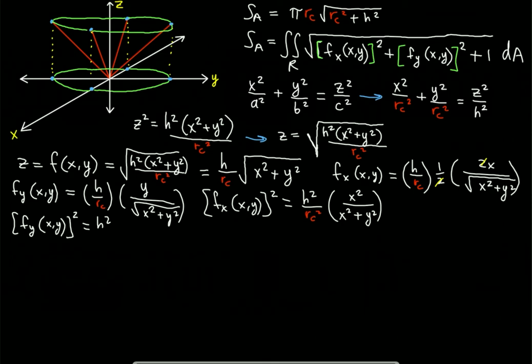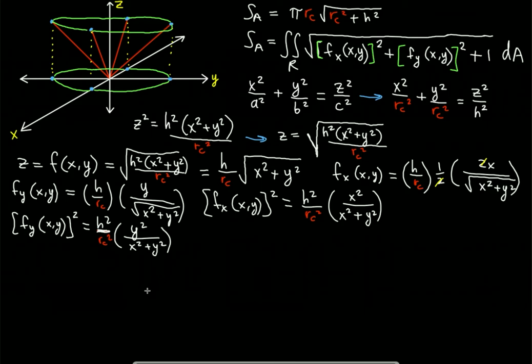So we're going to have h squared over rc squared and then here we're going to have y squared over x squared plus y squared.